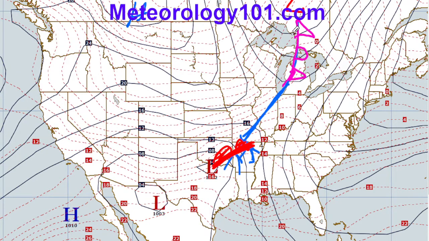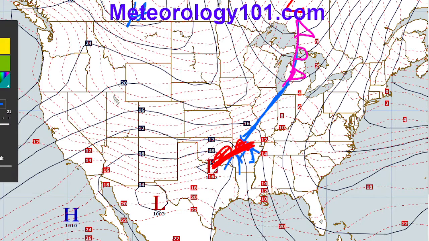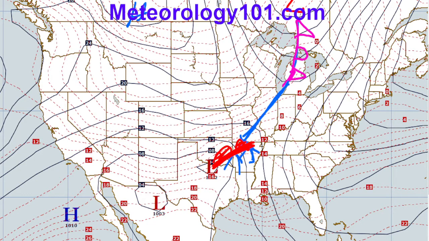Okay, our thermal ridge is right here. I don't want to make too much of a mess. Alright, so I'll probably bring that over east just a little bit and then bring it back. And that's messy.